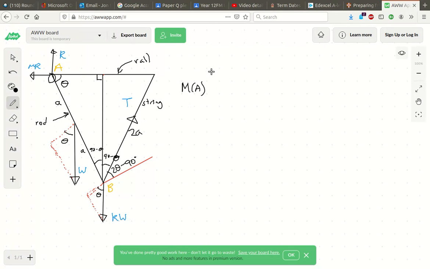Now, what I'm going to do is assume that everything is in equilibrium. So I'm going to assume that the string hasn't broken yet. Now, if it's in equilibrium and we take moments at A, we're going to have a times W cos theta plus, okay, distance times perpendicular component of force.